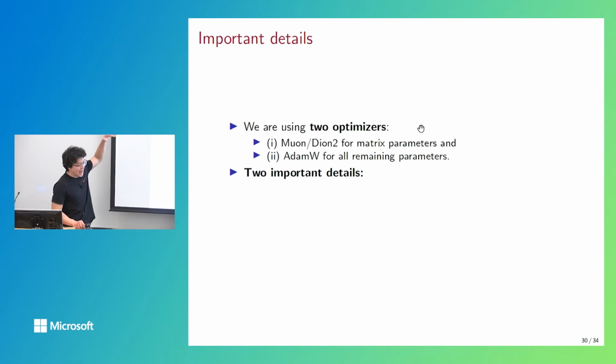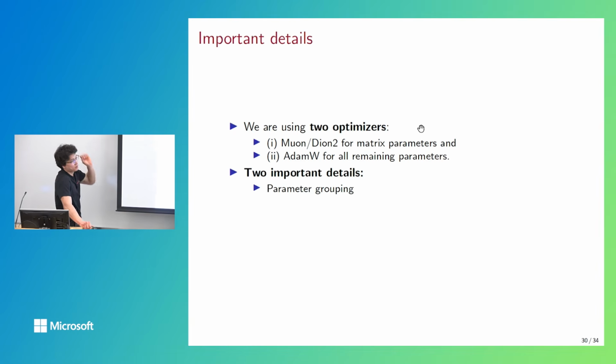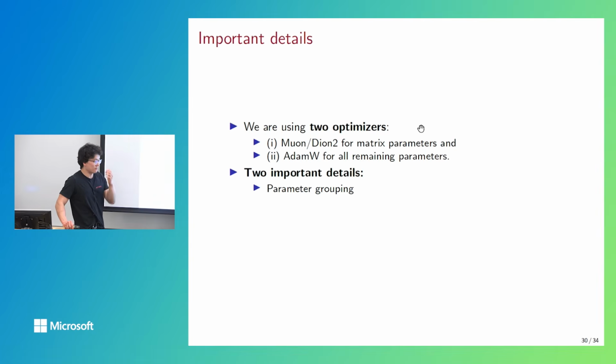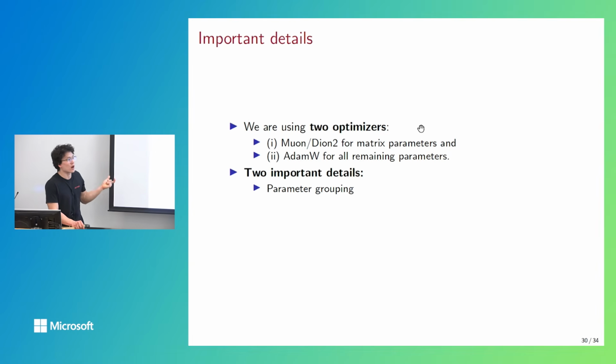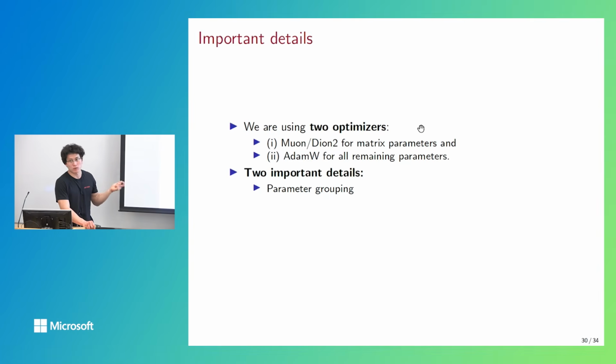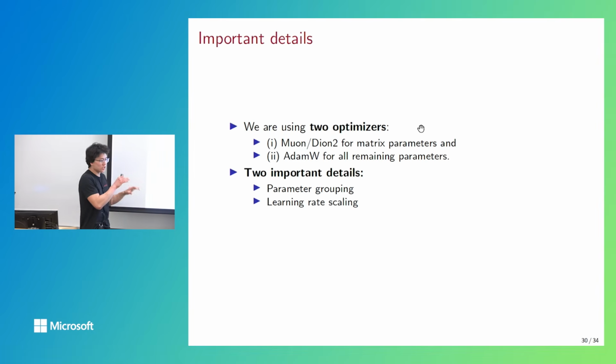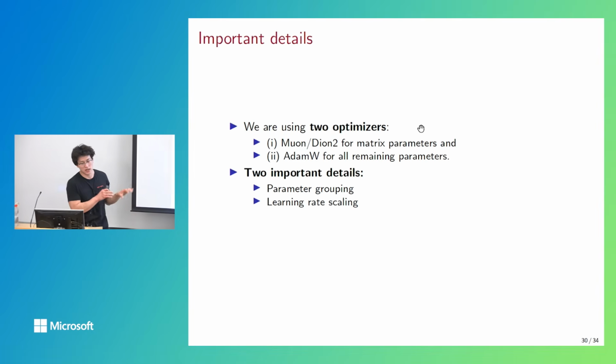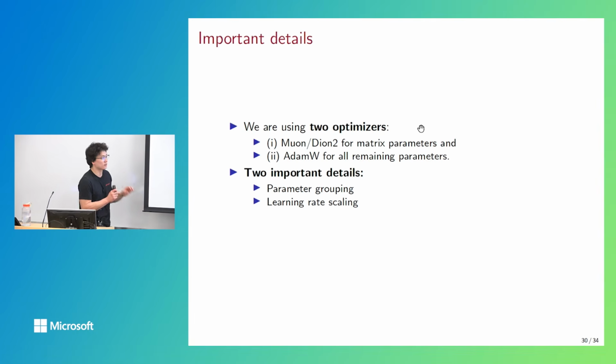Because of this hybrid approach, there are two important details. You have to be very careful about parameter grouping, namely which parameter group you use Muon or Dion2 on, and which parameter group you use AdamW on. And because you're using two different optimizers, you have to choose and scale the learning rate carefully to make them compatible.